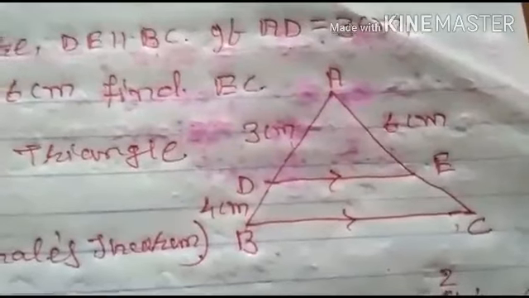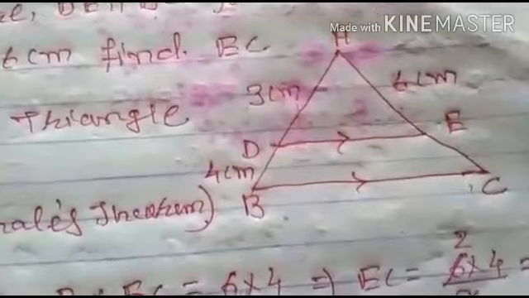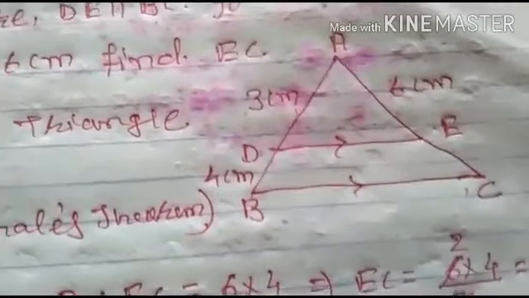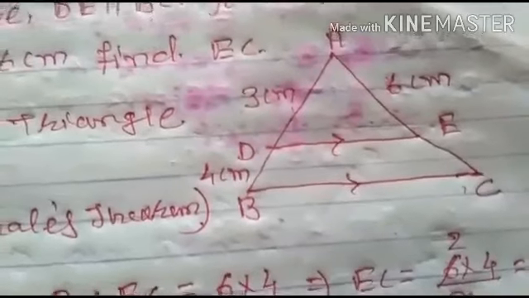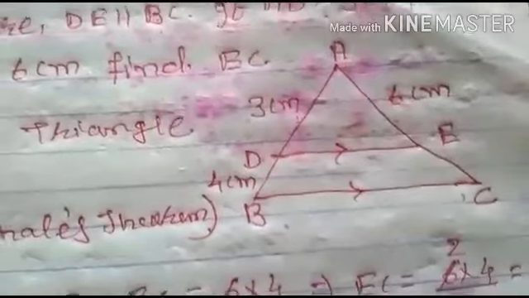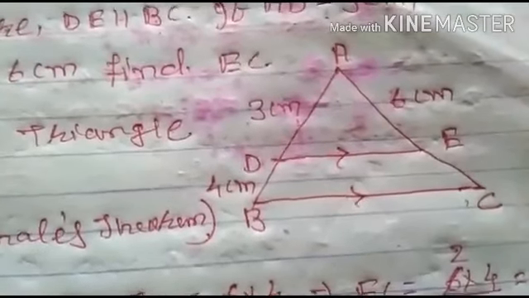There is a triangle in which DE is parallel to BC and AD is 3 centimeter, whereas DB is 4 centimeter and AE is 6 centimeter. Now we are supposed to find the length of EC. So let's see how it can be solved.